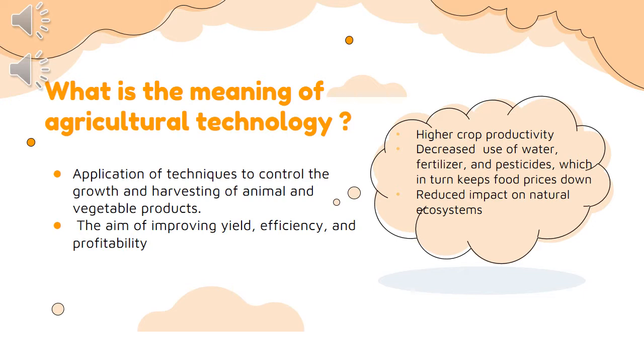It also gives producers greater control over plant and animal production, processing, distribution, and storage, which results in greater efficiency and lower price, safer growing conditions and safer food, and reduced environmental and ecological impact.